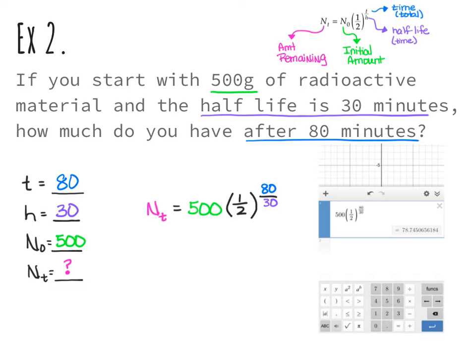So for my answer, I know it's 78.745. If I wanted to round it to the nearest tenth, then I would have 78.7 grams remaining.